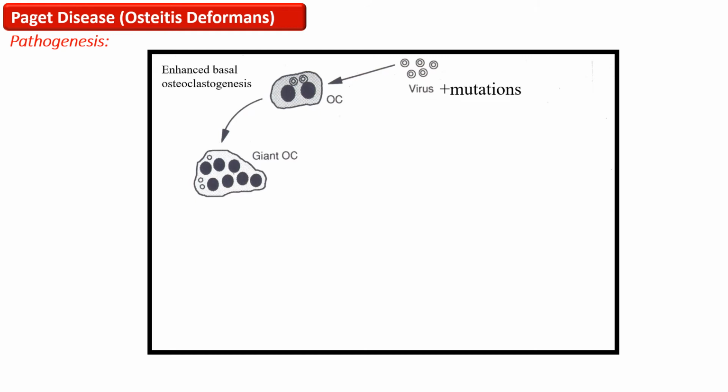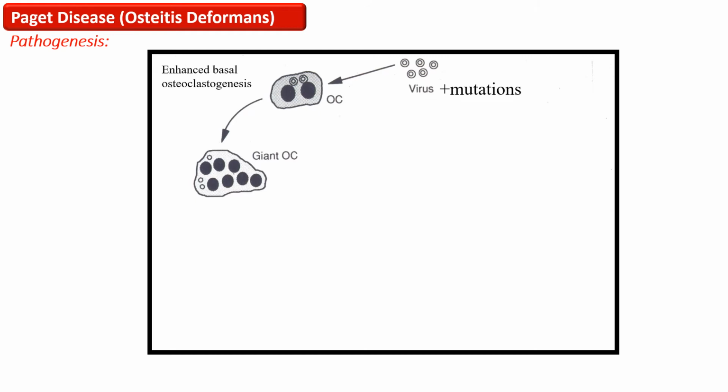This giant osteoclast has more nuclei and is multinucleated. Normally, the osteoclast has about 6 to 12 or up to 20 nuclei, but in this mutated giant cell, the number can go up to hundreds.